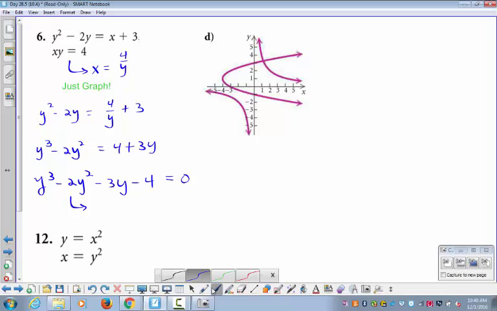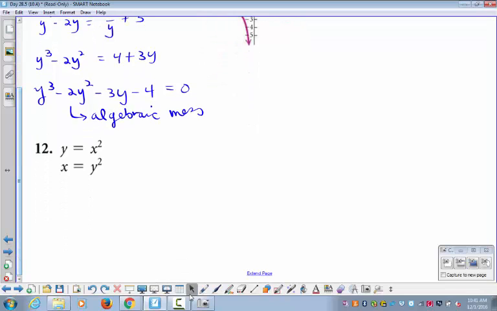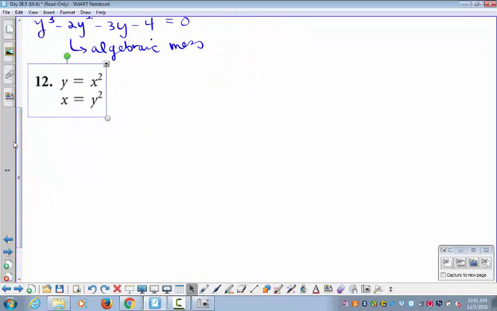If we went to a graph like Desmos, we could solve it using technology for sure. But this one, algebraically, is going to be a mess. So we'll stop here on this one. We'll call it an algebraic mess. Solving that cubic equation for y algebraically is not in the cards. So that's when you have to use technology.